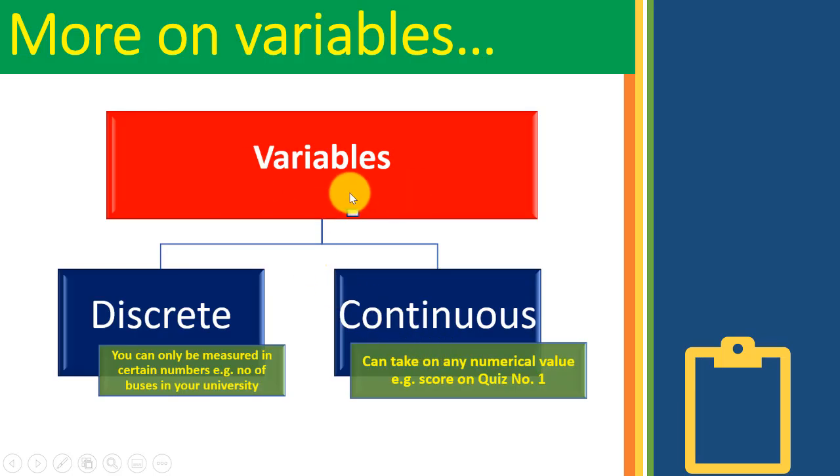Let's see more on variables. We have discrete variables and continuous variables. Let's look at discrete variables. These are variables that can only be measured in certain numbers, for example, the number of buses in your university, the number of cars that you have, or the number of dogs that you have.